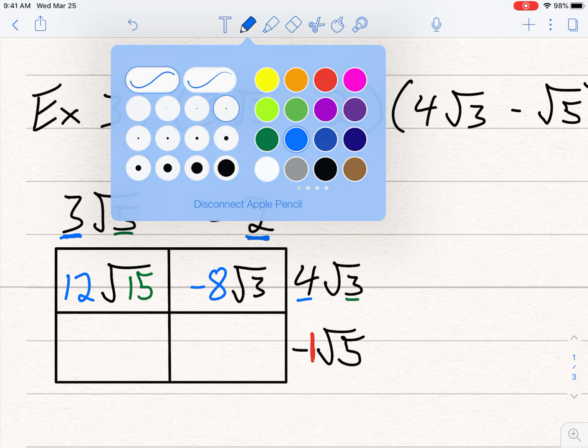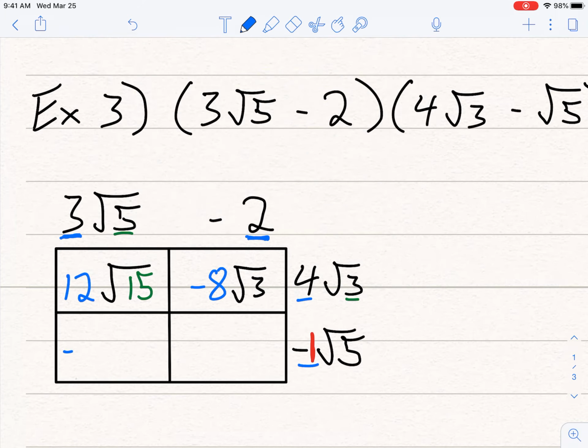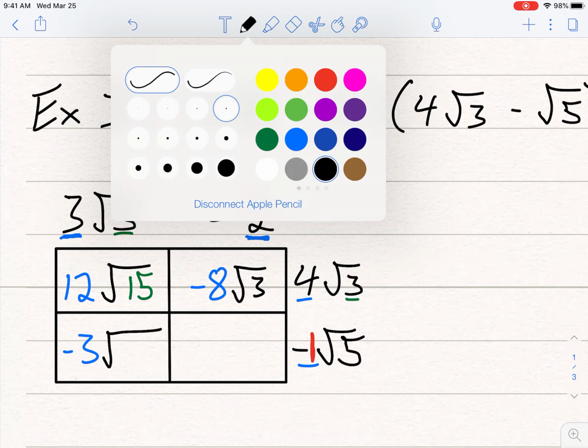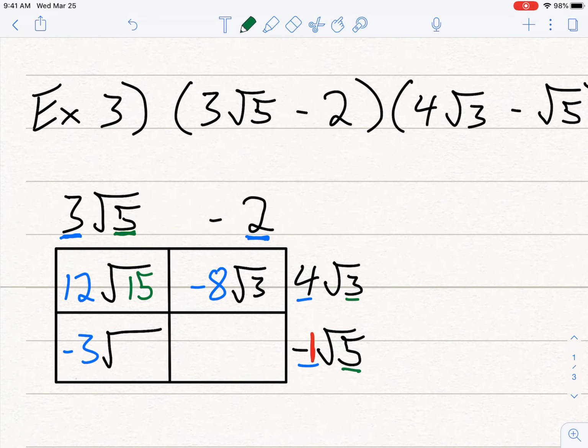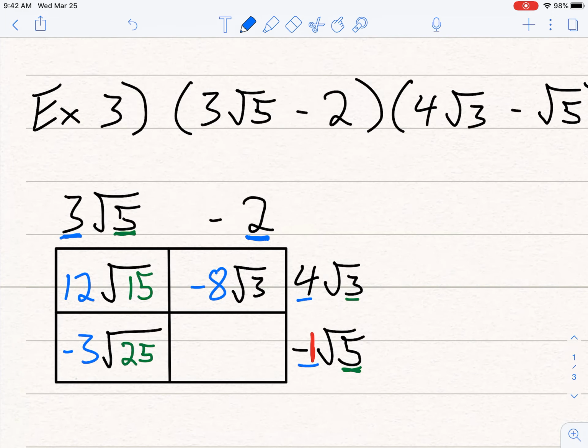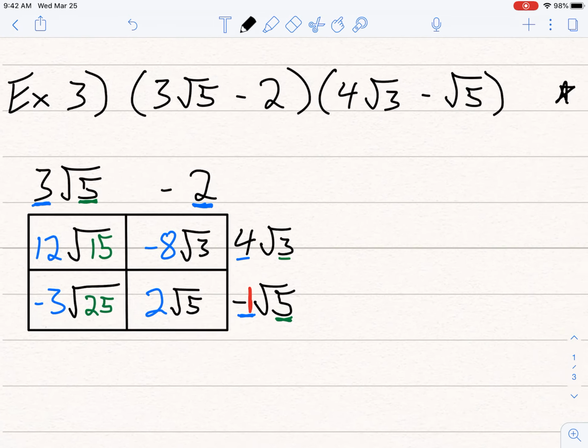There's a ninja 1 that's hanging out there. So 3 times negative 1 is negative 3, with the square root of, I would take 5 times 5 again, which is 25. And then for the final box, it'd be negative 2 times negative 1 square root of 5. So that gives me positive 2, and the square root of 5 kind of comes along for the ride.